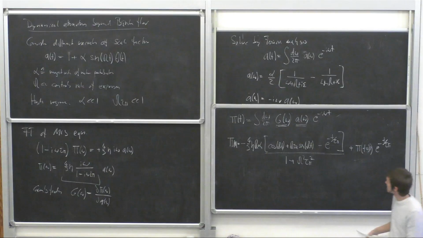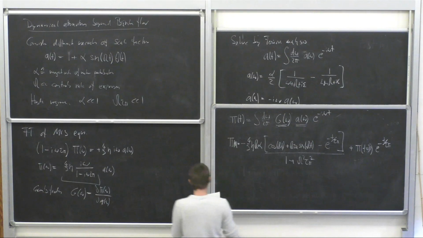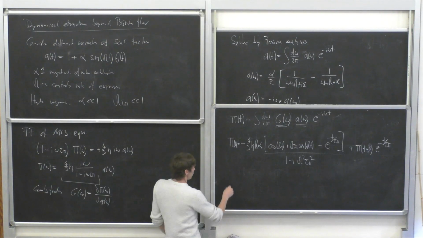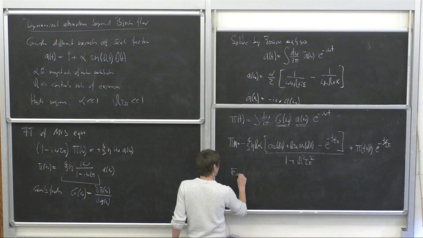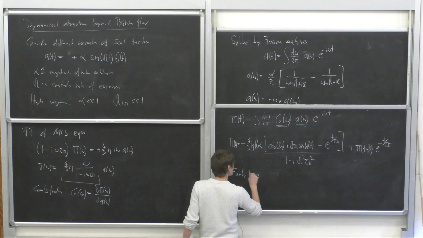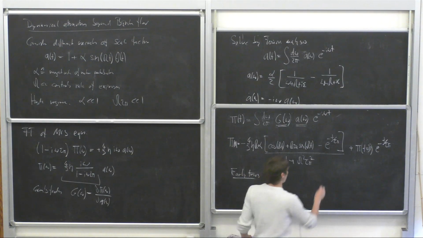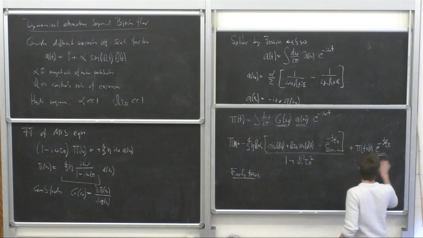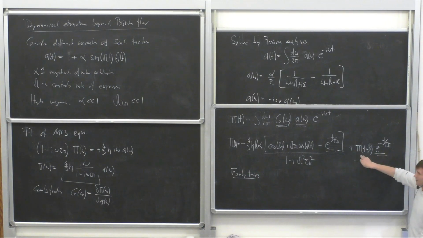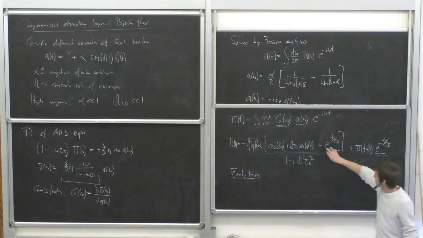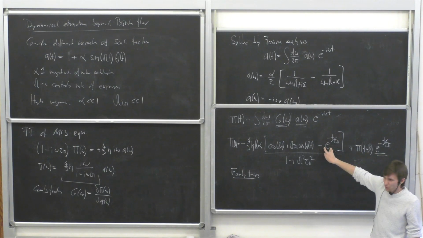Okay, so now let's analyze what this does. What we see is that at early times we have these transient terms, which decay on a time scale tau pi, where we lose memory about initial conditions, and this just goes away.